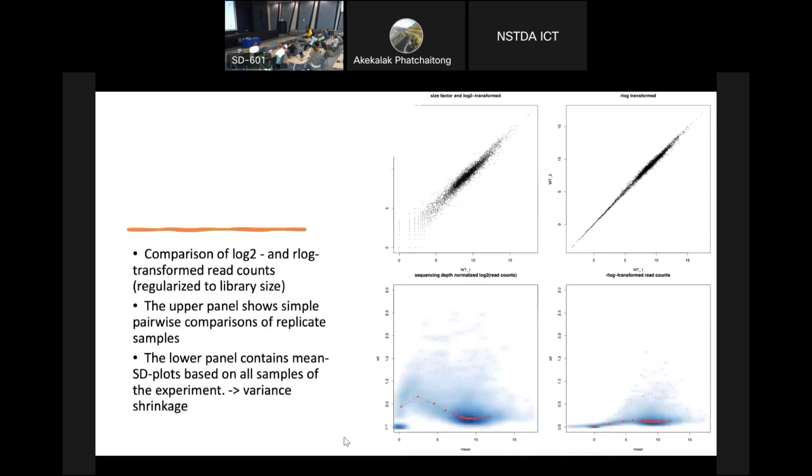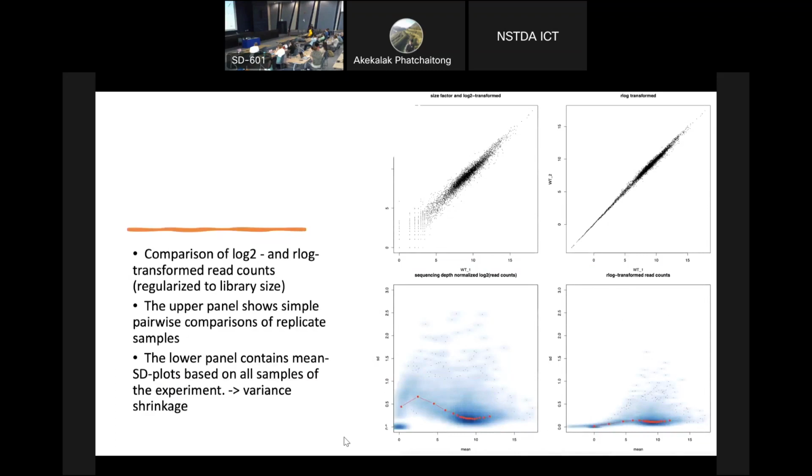Now, there's also something called regularized log, which is basically still log, but you're doing some sort of correction with respect to the library size, and it just makes it a little bit more fine-tuned. If you compare this one with this one, it just looks much more corrected.